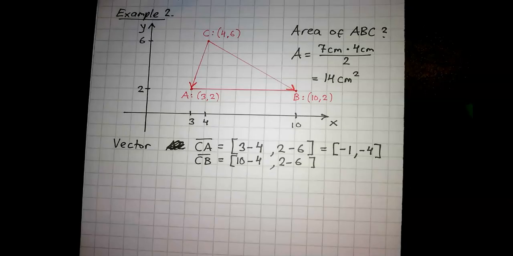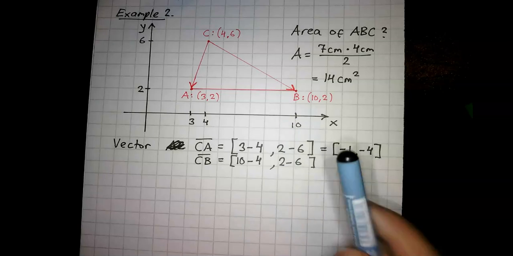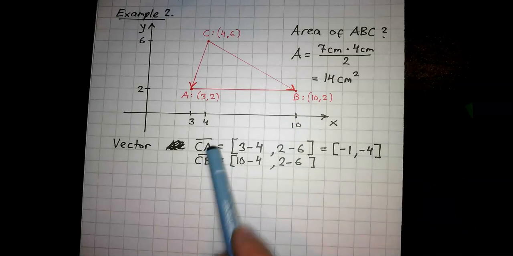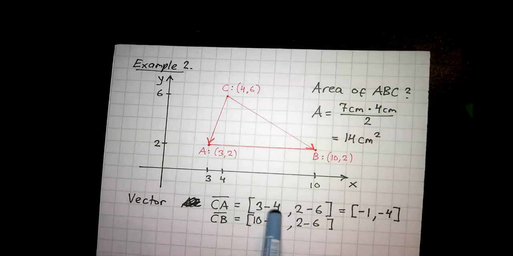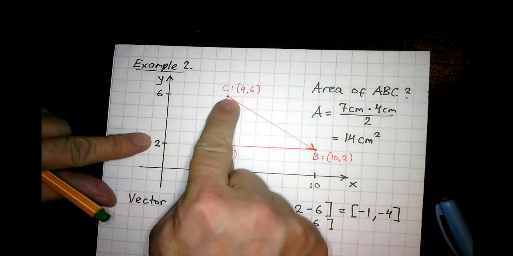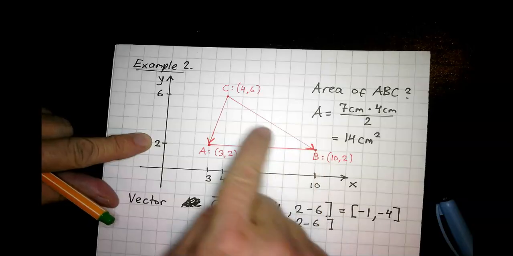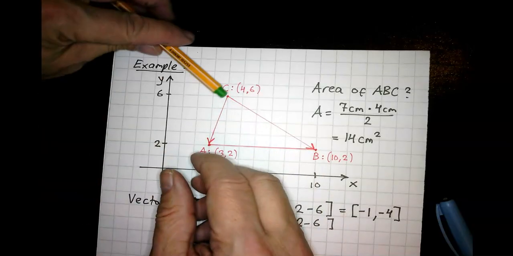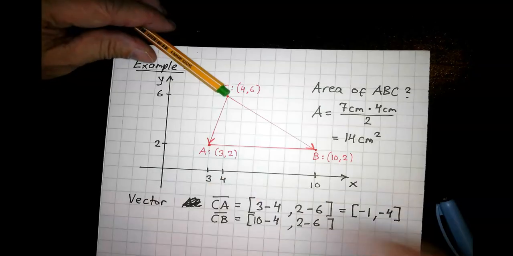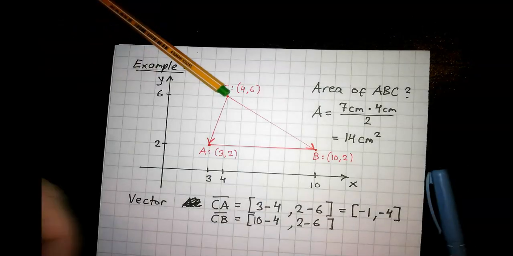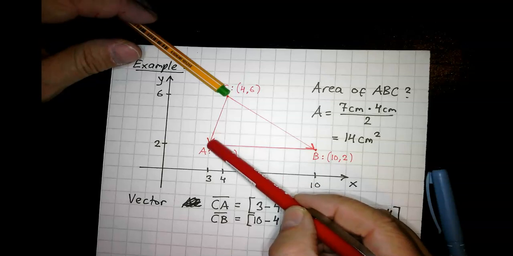Actually, if you did this in opposite order in both of those vectors, you will get exactly the same result. It doesn't change the result, because that would mean if I made an error in the directions in both vectors, then I did not have vector CB, but I had vector BC, which goes in this direction. And also here I would not have vector CA, but AC.